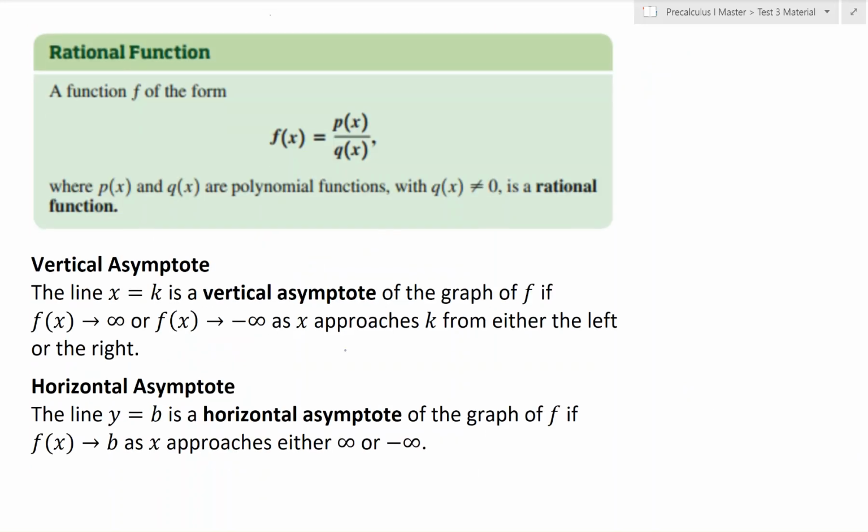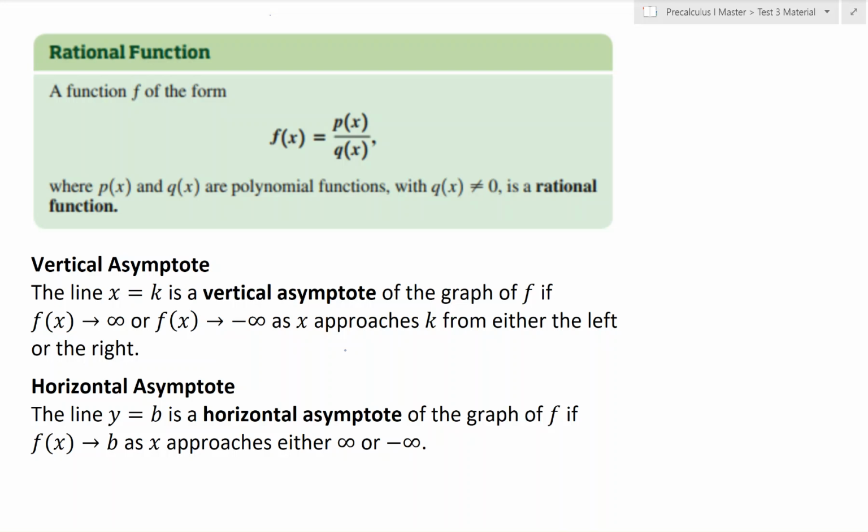All right, the definition of a rational function is where you have one polynomial over another polynomial, and we have to make sure that the denominator, q of x, does not equal 0, so that this stays as a defined function.